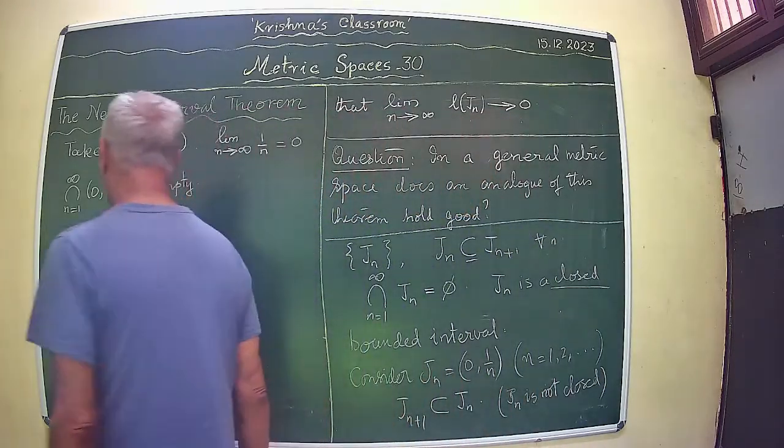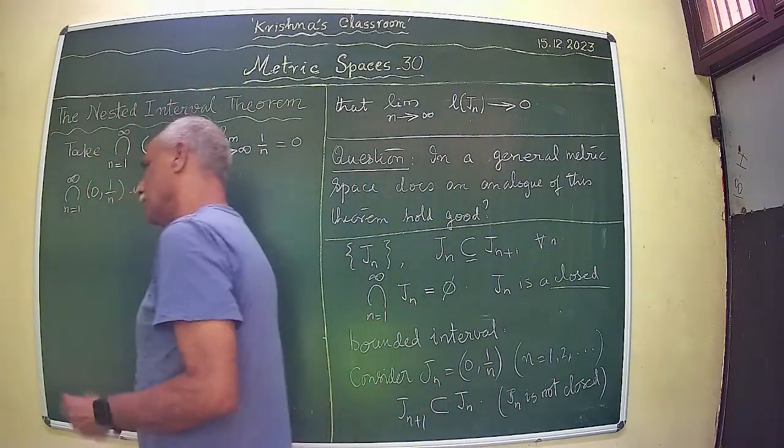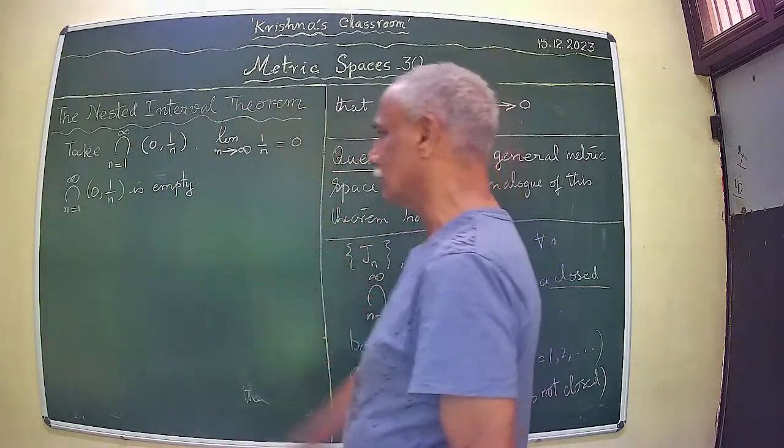0 does not belong to that. 0 in fact does not belong to any one of them. But the limit of this is this.